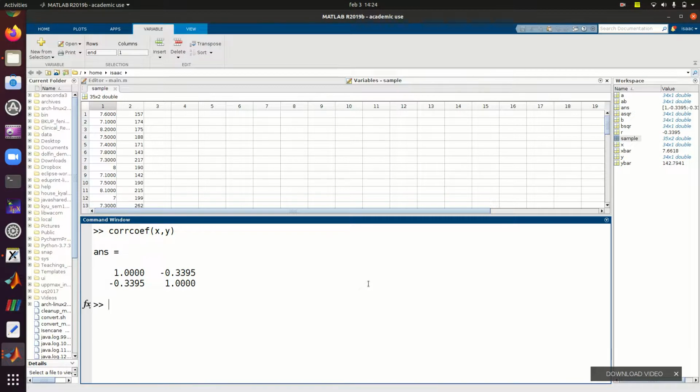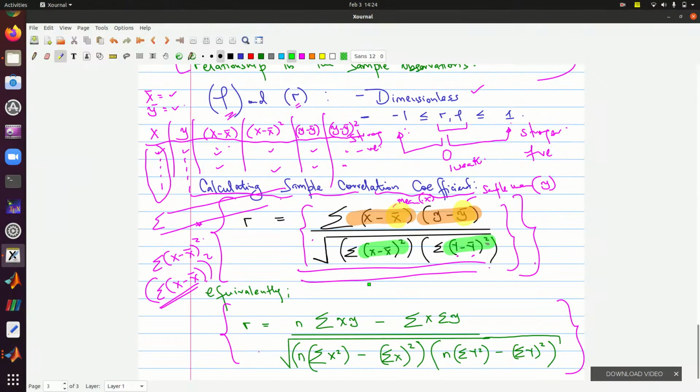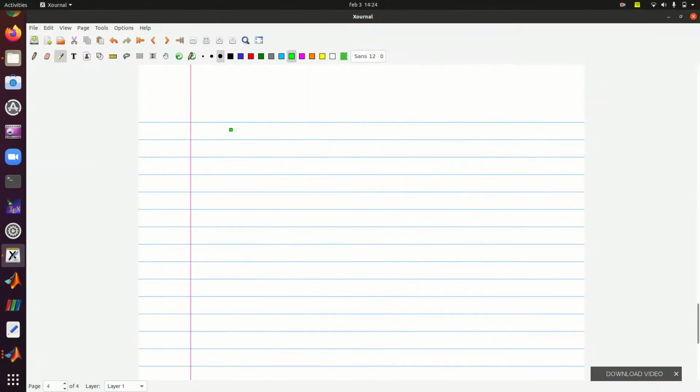Maybe what you have to know here is that when we do that in MATLAB, it's going to give us a matrix, and the meaning of that matrix is the following. We have values of x and values of y, and then here x and here y.